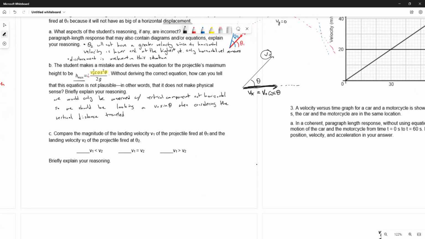I should mention, in any parabolic motion, if you have an object that's launched upwards at an angle and comes back down, it's fired at some velocity upwards at an angle, right? That velocity is lost as it goes up due to gravity. So over here, the velocity in the y direction is 0. It still maintains its x direction velocity, but it loses all of its y velocity.